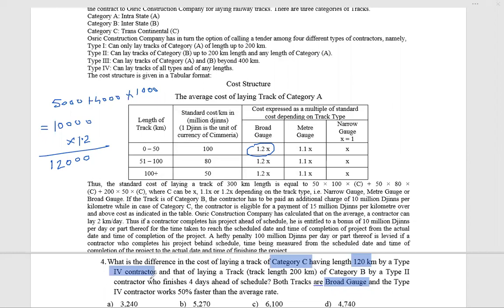And this is done by type 4 contractor. So contractor works 50% faster. So ideally should have taken at the rate of 2, 60 days, but 50% faster he has worked at the rate of 3. That means he took 40 days. So he will get bonus for 20 days at the rate of 10.